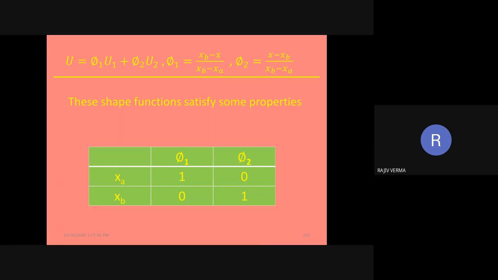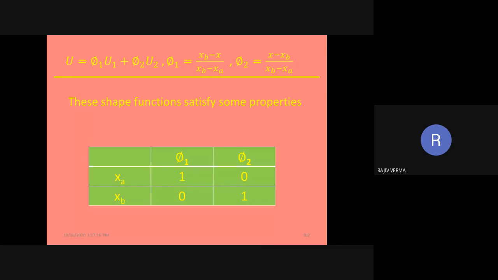And if this is clear, then simply by drawing a table of this particular form, this table is known as the truth table, you can derive the expressions for the shape function for any element.